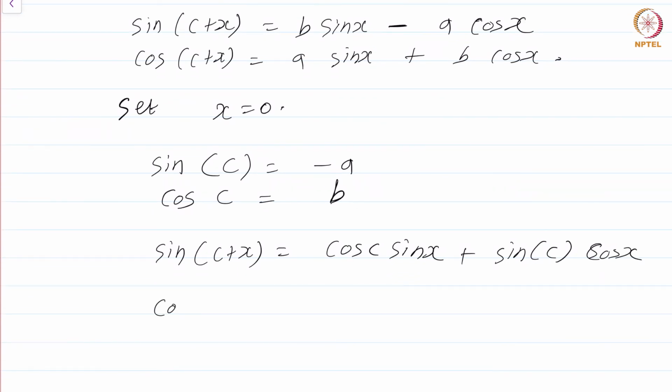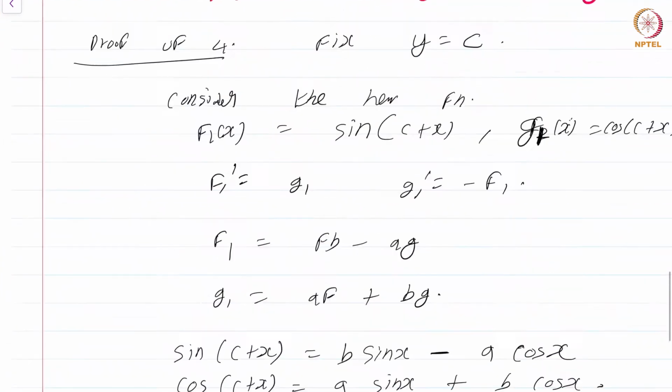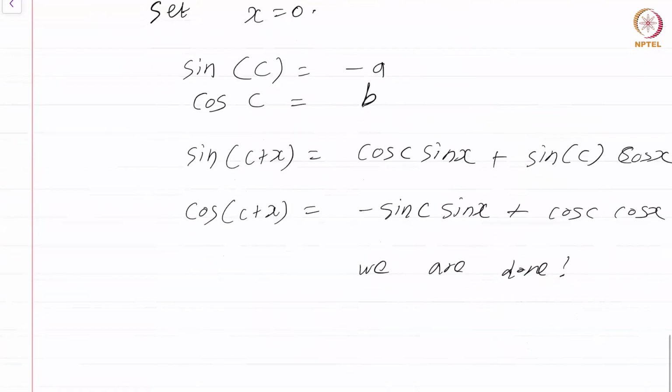And similarly cos of c plus x is equal to minus sin c sin x plus cos c cos x, and we are done. In fact, I said I'll prove 4, but we got both 4 and 5, right? We got both for free.